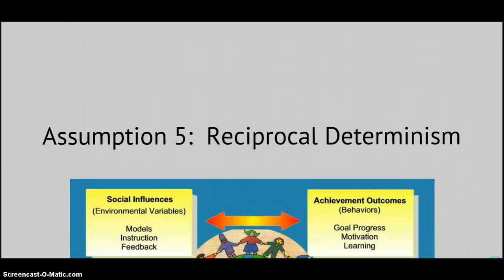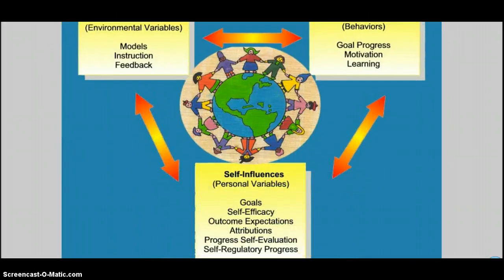Assumption number 5. Reciprocal determinism. Bandura's social cognitive theory contradicts the traditional behaviorist school of thought, which believes that a person's behavior is a direct product of his environment. Instead, Bandura argues that instead of being a simple case of cause and effect, behavior can also determine an environment.